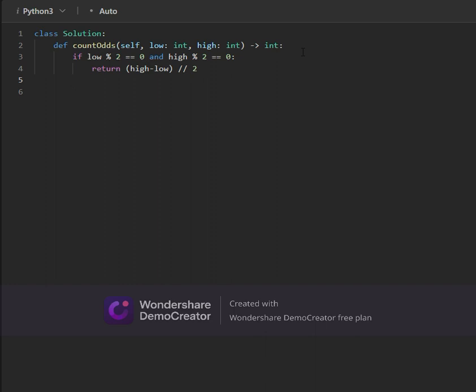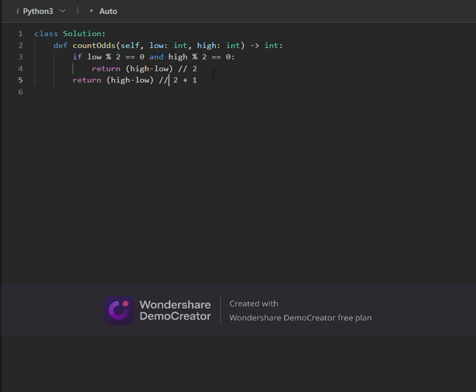Else, if this is not the case, you don't actually need to write the else statement, because it would have already returned if the if statement held true. So you need not particularly write the else statement. You can simply write down the return statement here. Since if any of the low or high is an odd number, you can do this: high minus low divided by 2 and just add 1.